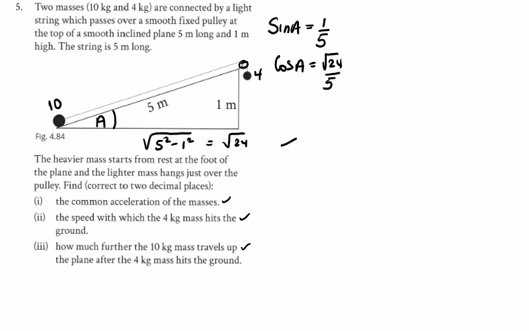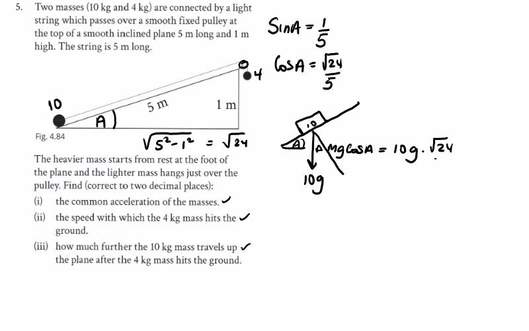So let's have a look at our diagram. We have the 10 kilo mass. We don't need to put it exactly where it is on the diagram, but we can move it up a little bit just for ease of drawing. So we have our R, we have mg, we have mg cos A here, which is equal to 10g by root 24 over 5. Now root 24 does simplify, doesn't it? Root 4 by root 6, 2 root 6.